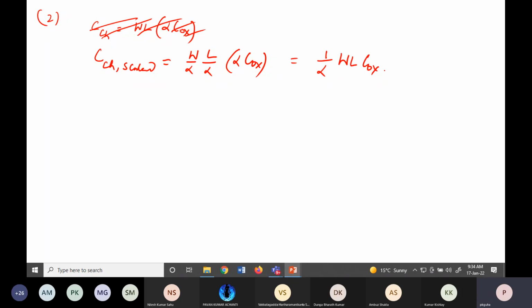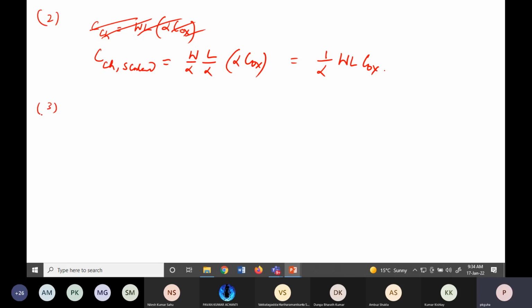You can also do similar things for the depletion width, to calculate the source and drain junction capacitance.